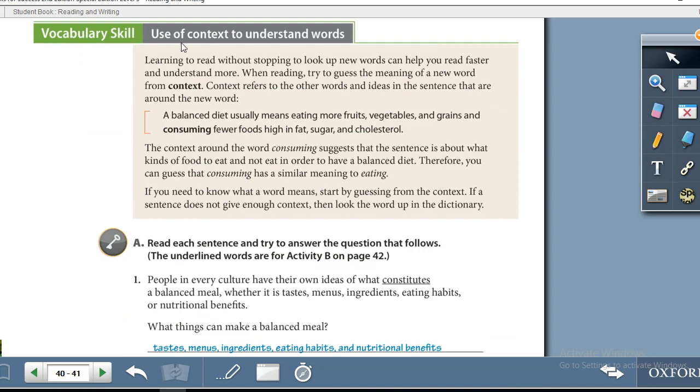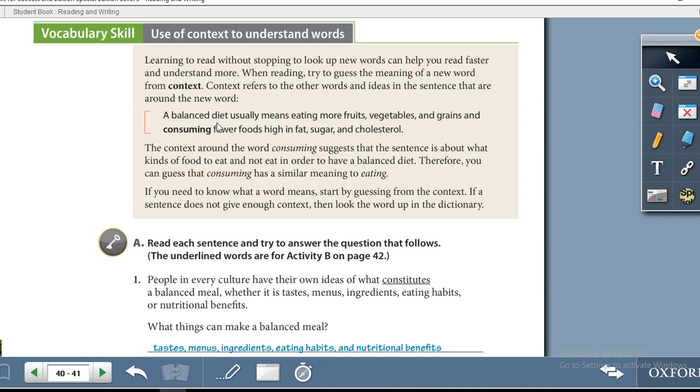Vocabulary skill, use of context to understand words. Learning to read without stopping to look up new words can help you read faster and understand more. When reading, try to guess the meaning of a new word from context. Context refers to the other words and ideas in the sentence that are around the new word.